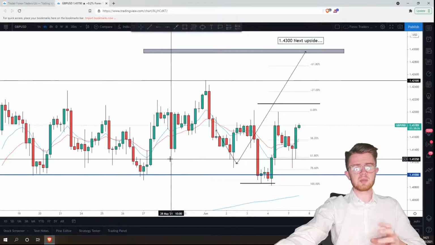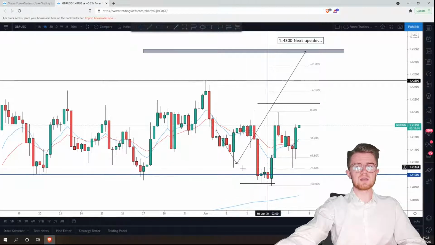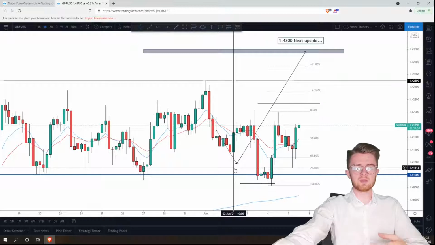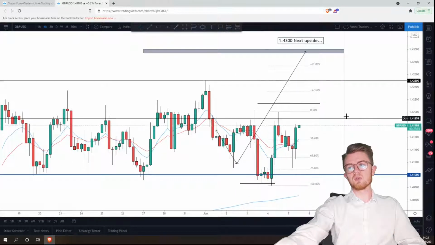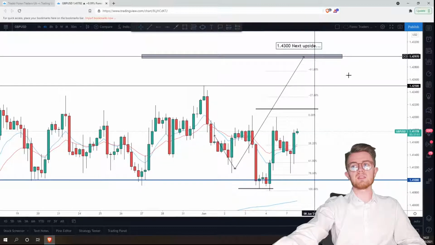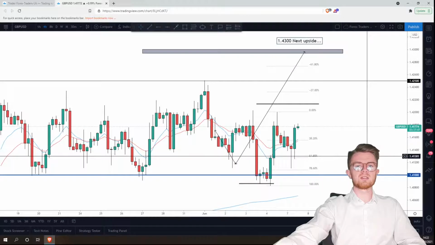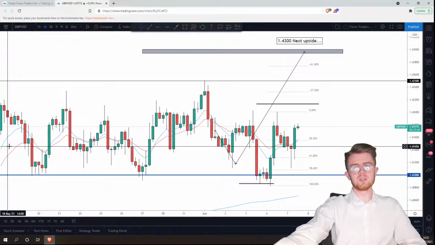So a little bit of manipulation there, so I can add this to the journal and add it for future reference as to what to look for when it comes to trading GBP USD and what it's done before. But we have in fact pulled up now, and we are still looking to make a new high up at 1.4300.